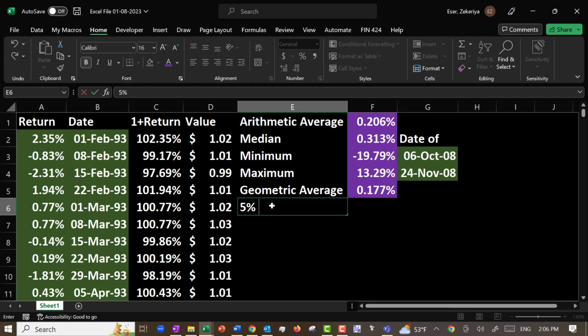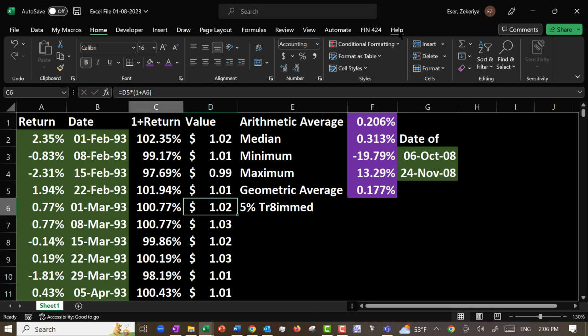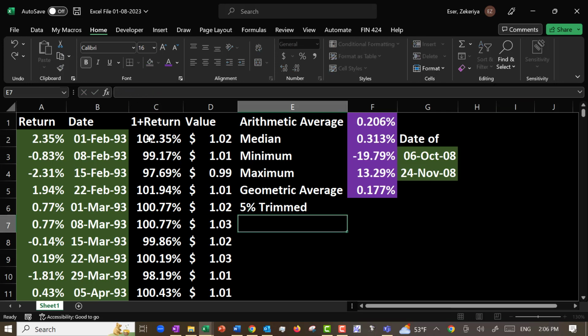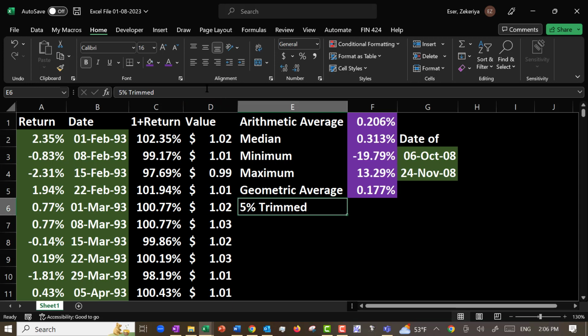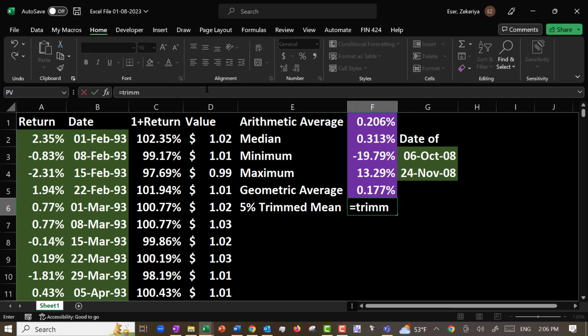I'm going to do first a 5% trimmed mean. The name for the function is TRIMMEAN.